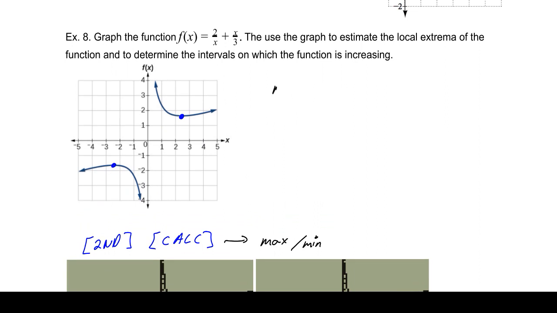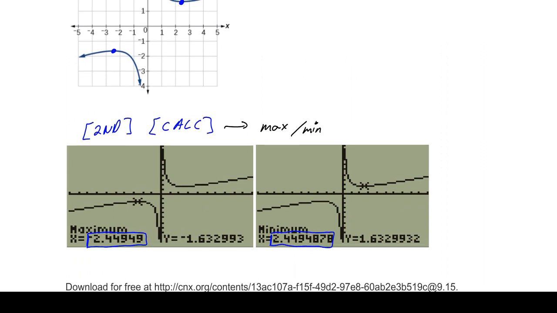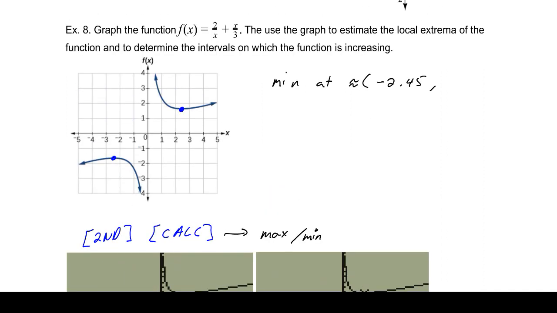All right, we have a minimum at negative 2.45, and then my output there, oh, that's the maximum, negative 1.63. Let's go ahead and just change that to maximum.